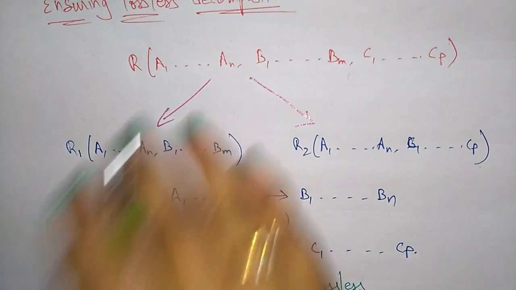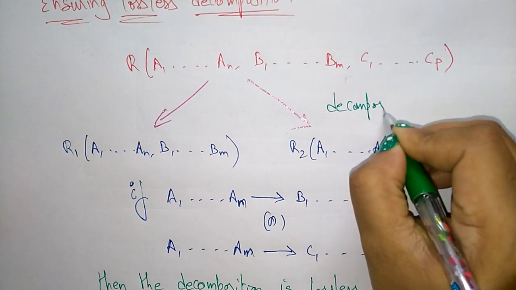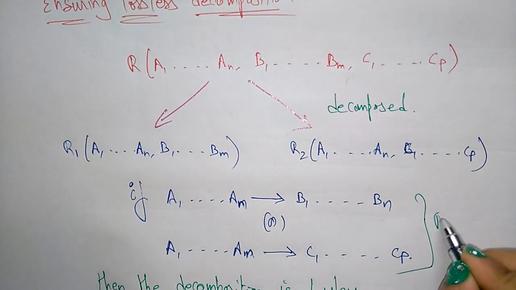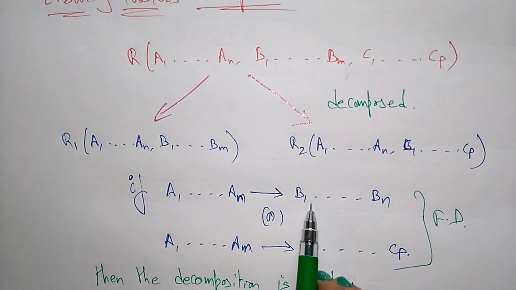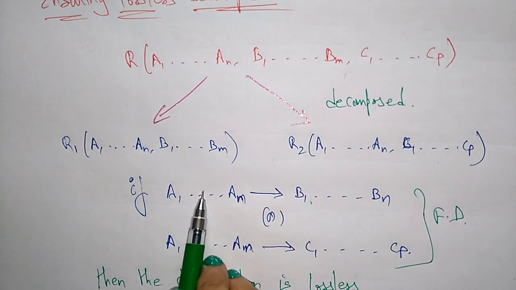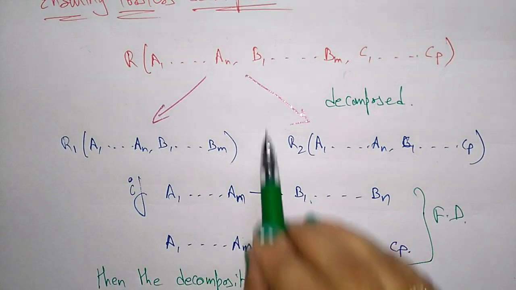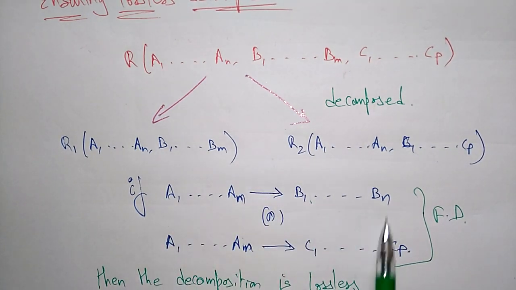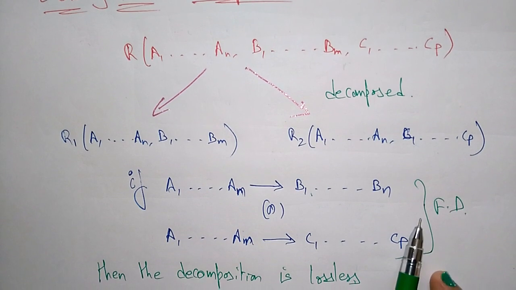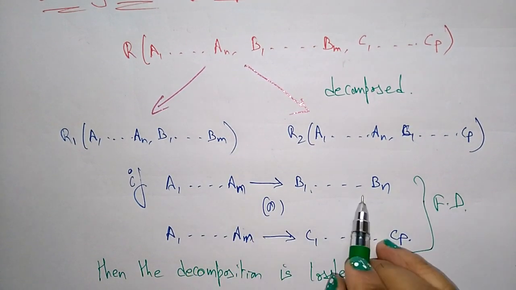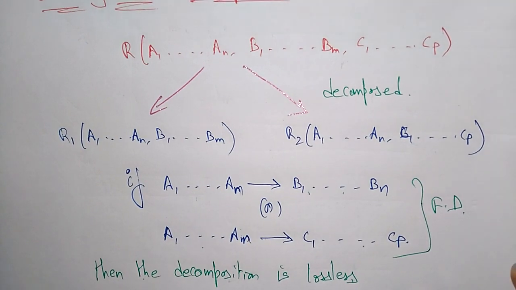So a relation decomposed into two relations is lossless whenever a functional dependency exists between the attributes. Here the B attributes depend upon the A attributes, and the C attributes depend upon the A attributes. Then the data will not be lost after reconstructing the relation. So whenever A determines B and A determines C, the decomposition is lossless.